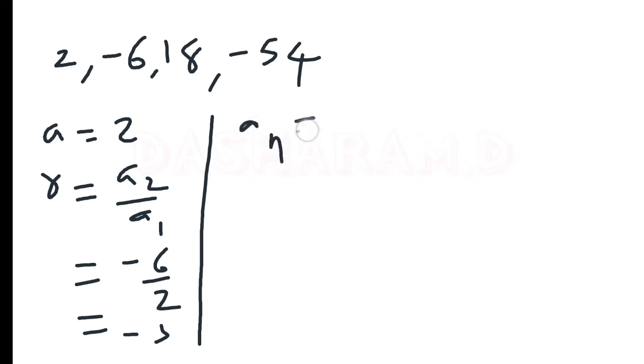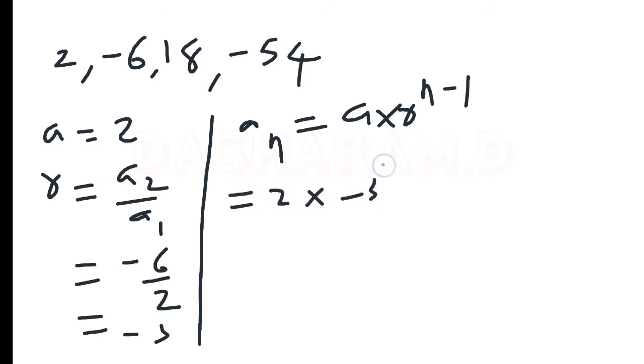Next, the nth term: an equals a into r to the power of n minus 1. Here the a value is 2 and the r value is minus 3. Take the bracket, because the n minus 1 power applies to both the minus and the 3. So the answer is 2 into minus 3 whole power n minus 1.